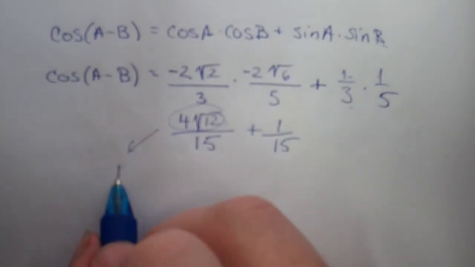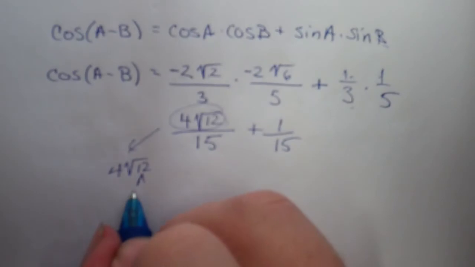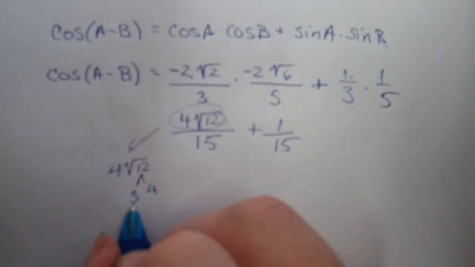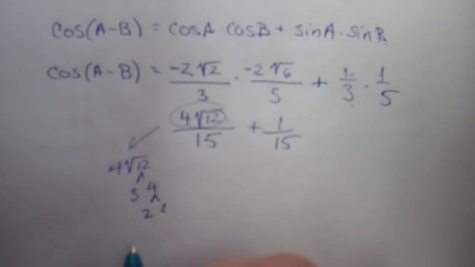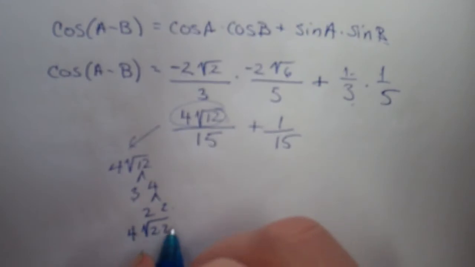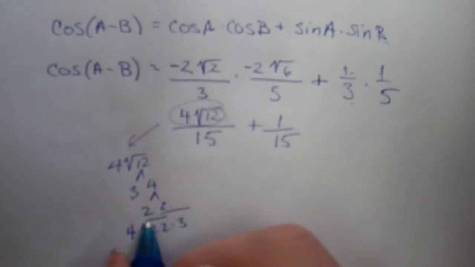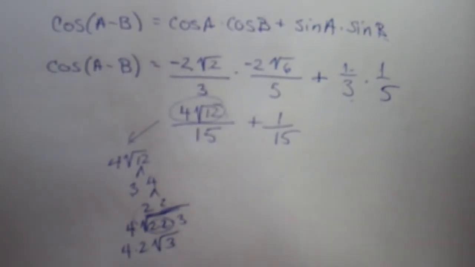We'll do it right here. So 4 radical 12, the 12 breaks into a 3 and a 4. 3 is a prime number, but 4 breaks into a 2 and a 2. So this is 4 radical 2 times 2 times 3. Here we have a pair of 2s, so a 2 comes out, so it's 4 times 2 times radical 3.